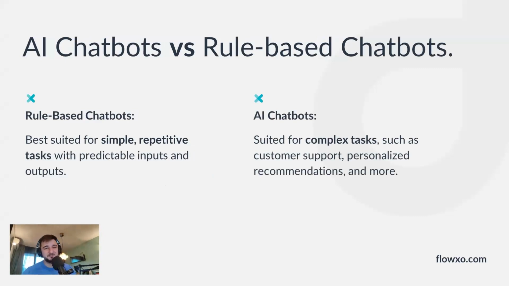So we really can boil them down to 2. You have the rule-based chatbots, which are best suited for simple, repetitive tasks with predictable inputs and outputs. And then you have the AI chatbots, which are really suited for complex tasks such as customer support, personalized recommendations, and more. And then you can also argue there's like a 3rd type of chatbot, which is called a hybrid model. It's just a combination of 2. So let's not overcomplicate things.